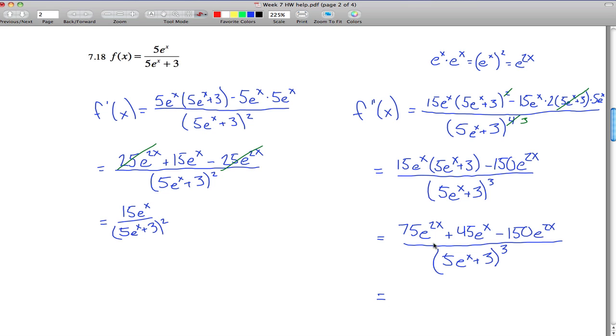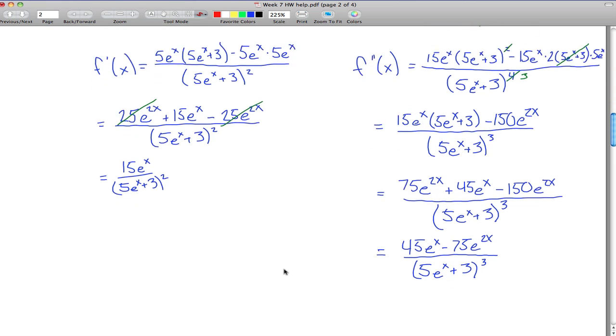Finally, 75e to the 2x minus 150e to the 2x, you can combine like terms and get (45e to the x minus 75e to the 2x) divided by (5e to the x plus 3) cubed. And so finally, that's a lot of work, but I think we finally have some stuff we can deal with. We have the first derivative in its simplified form and the second derivative in its simplified form.